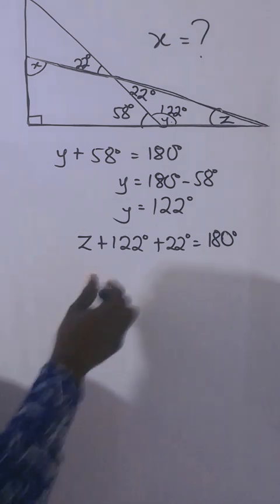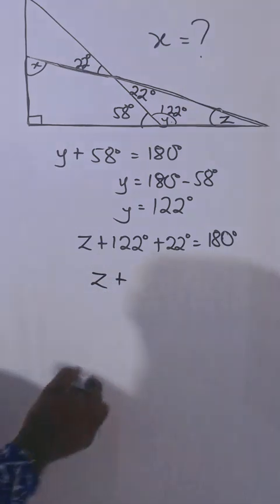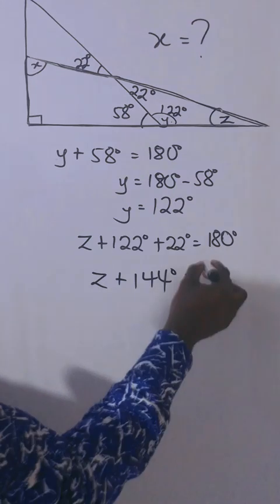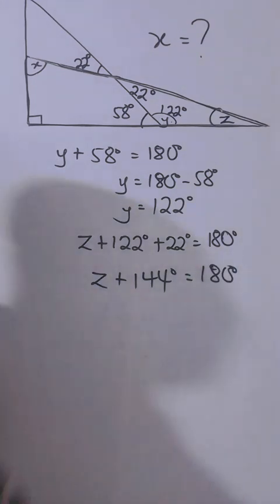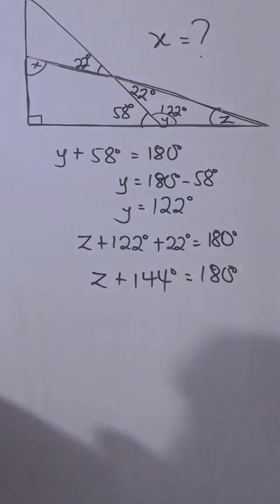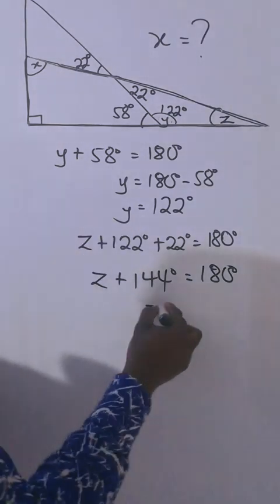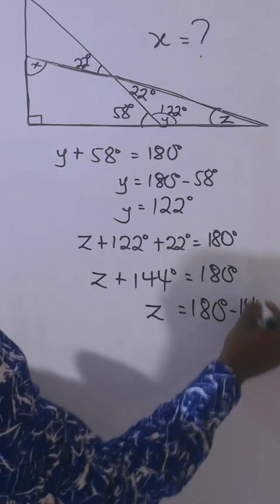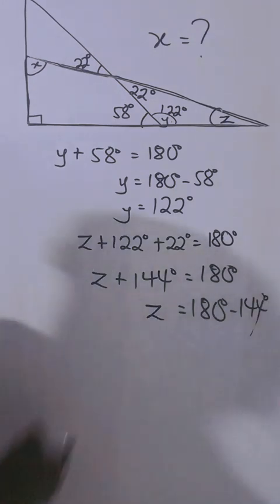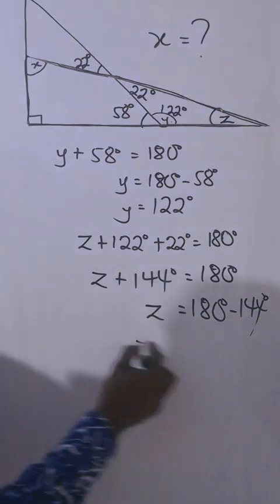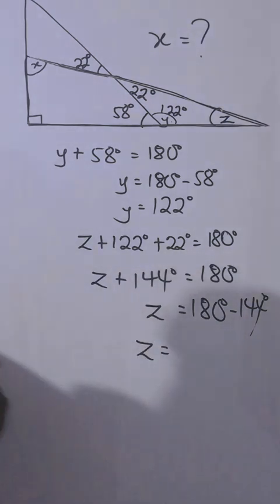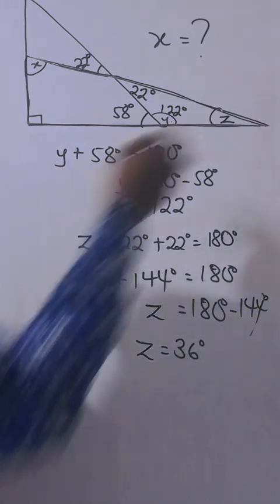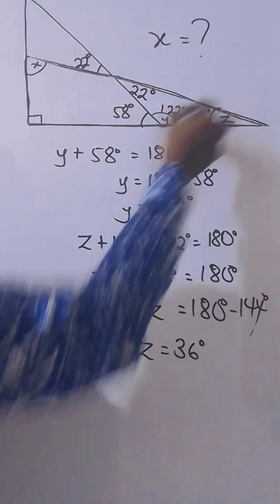Right, so from here we have z plus 144 degrees equals 180 degrees. So from here, your z is equal to 180 degrees minus 144 degrees. Right, so z will be 36 degrees. So meaning here is 36 degrees.